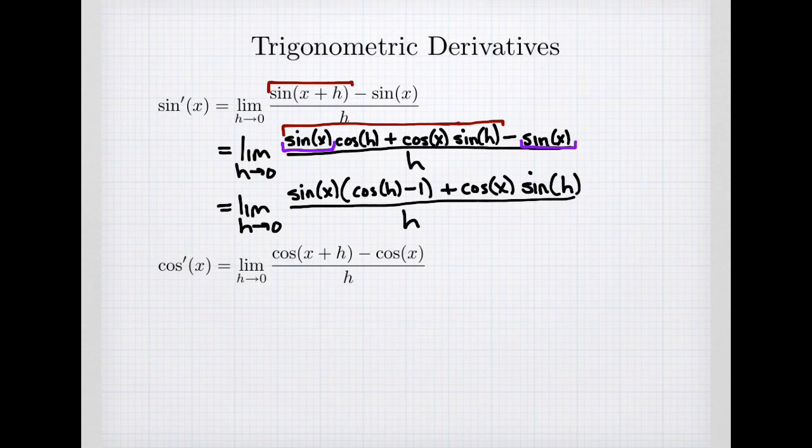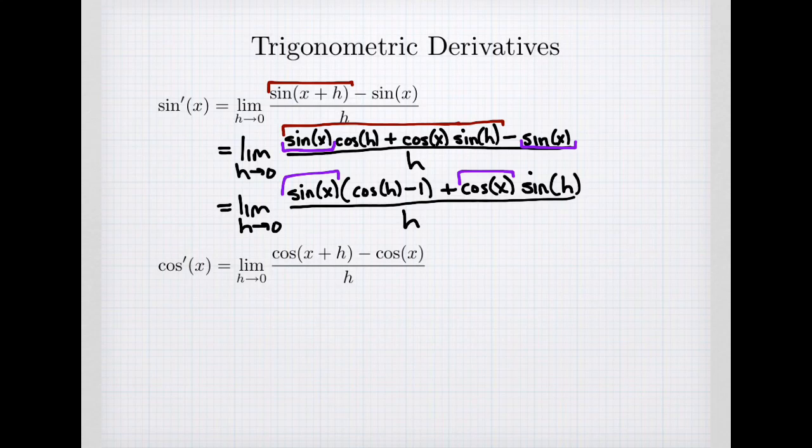What I want to recognize now is that these factors, sine of x and cosine of x, don't depend on h at all. They're constants. So I'm going to rewrite my limit as the sum of two limits with these factored out.